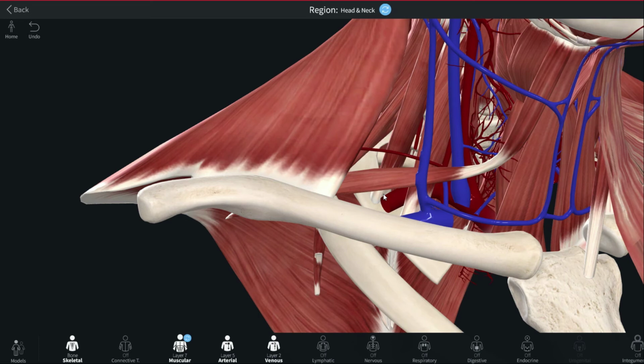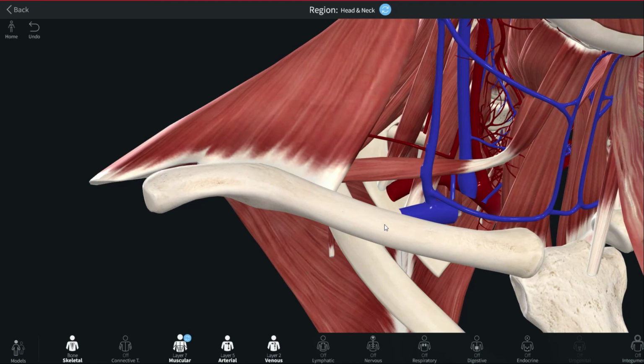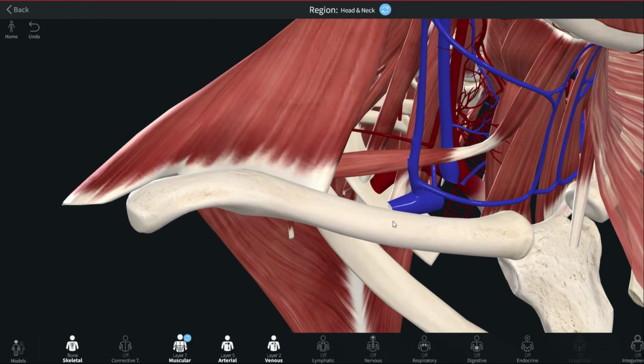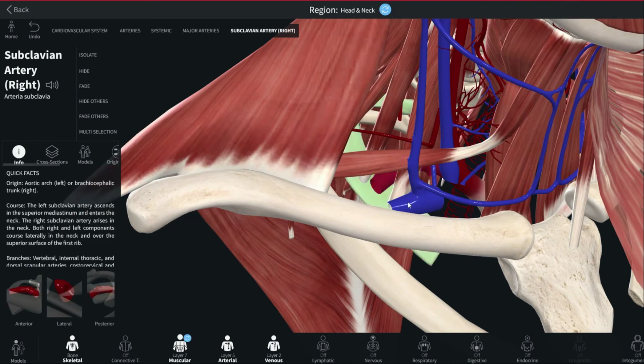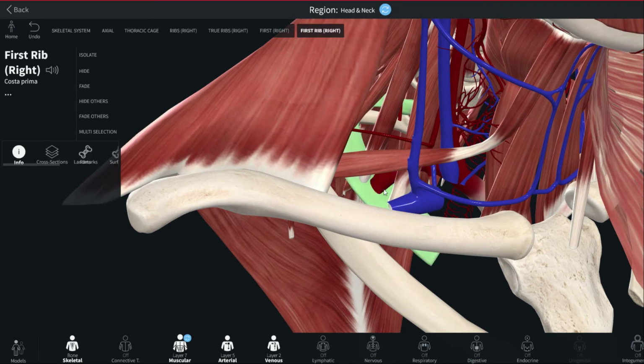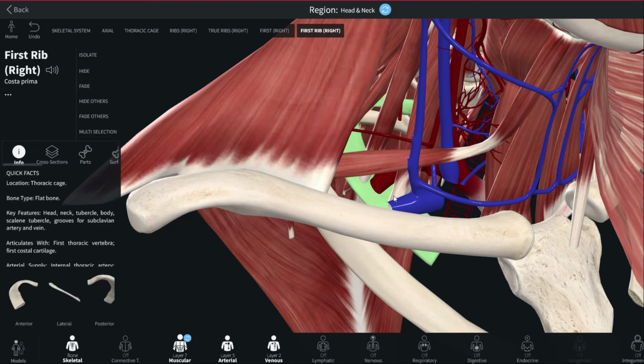Now, the subclavian artery, one thing which I would like to say is that, as you can see here, this is the subclavian artery. The subclavian artery and the subclavian vein both are related to the first rib, right? But the difference is that the subclavian artery will pass behind the scalenus anterior muscle.